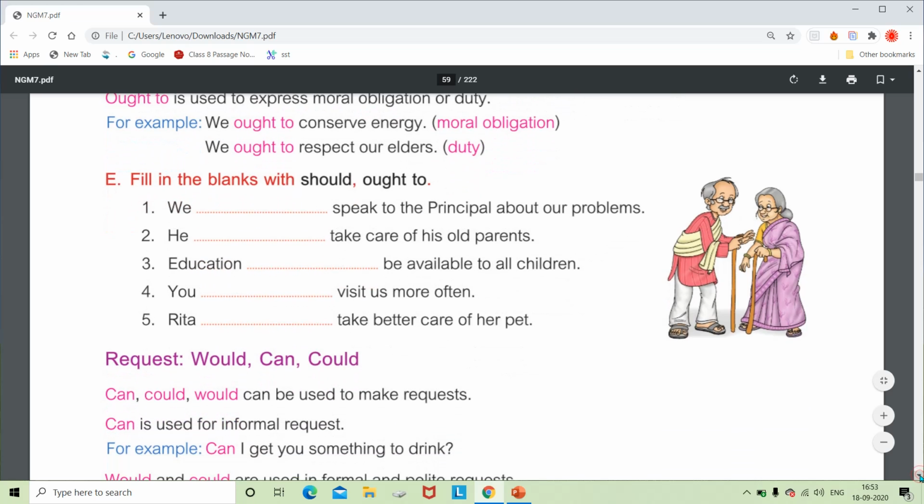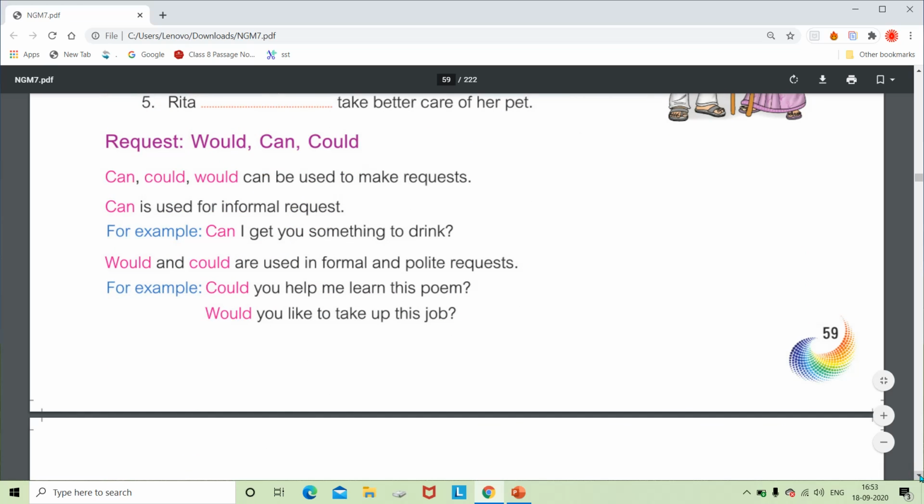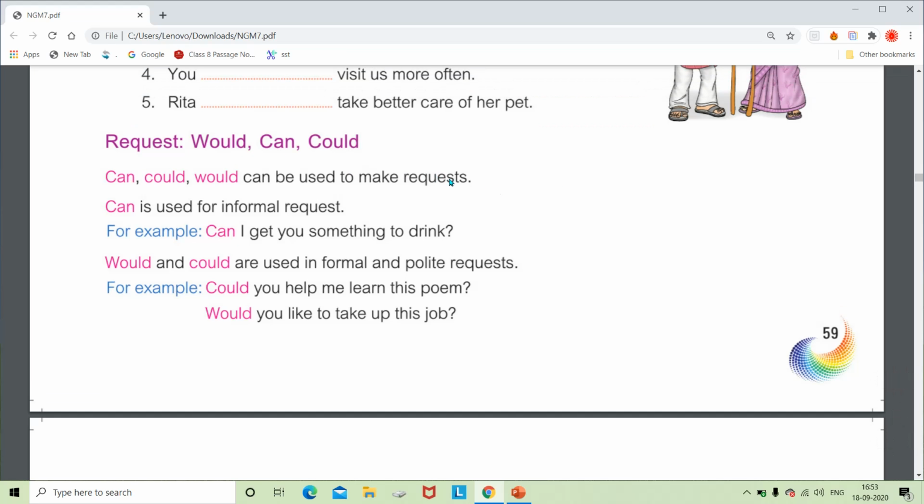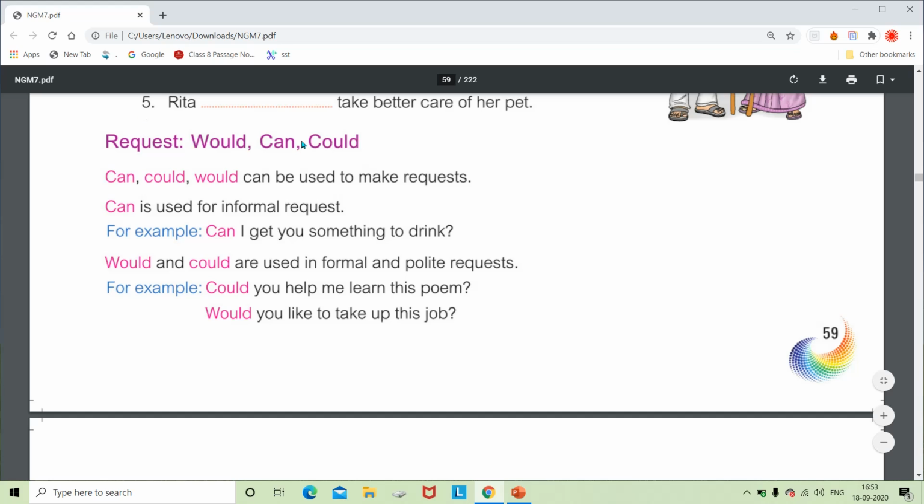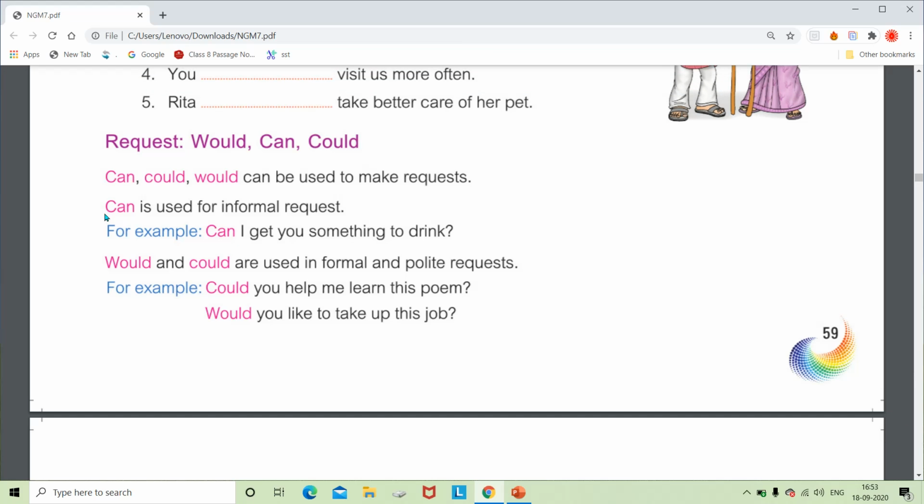Now after that we are given three more auxiliaries: would, can and could. All these three can be used to make requests. But can is used for making informal requests, whereas would and could are used for formal or more polite requests.